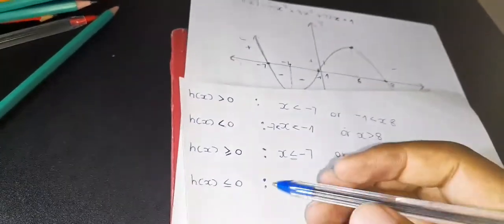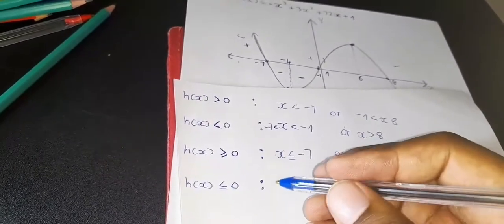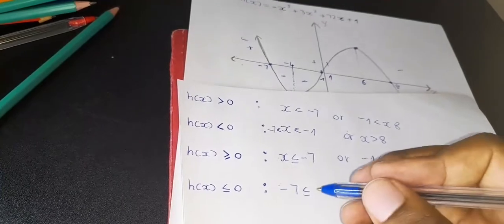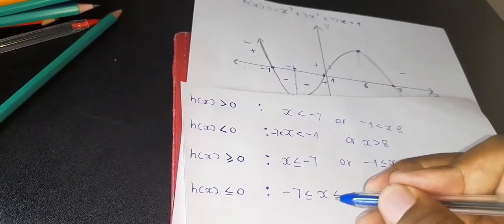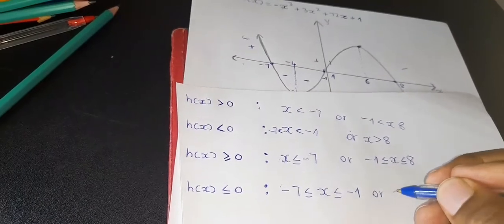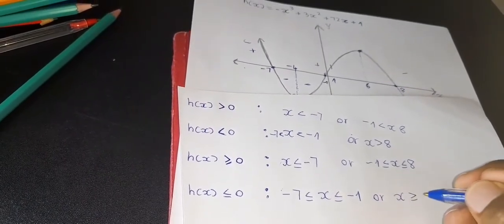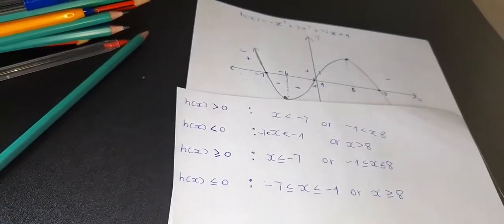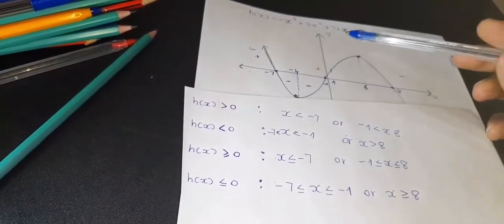We just add the equal sign there. So it's between -7, where -7 is included, and -1 is also included, or x is greater than or equals to 8, where 8 is also included, because when you plug in 8 into this equation, we will get 0.